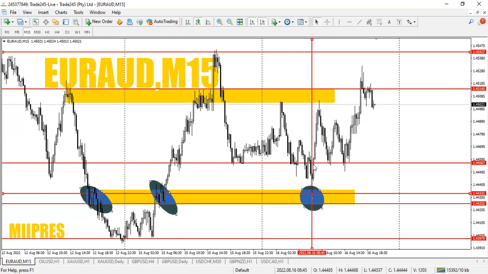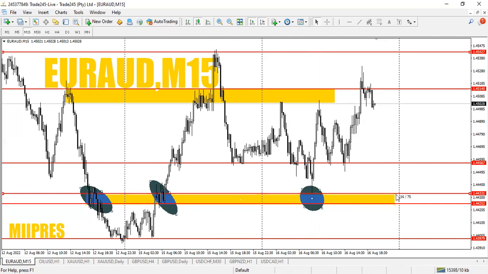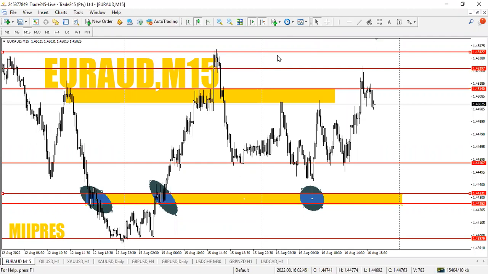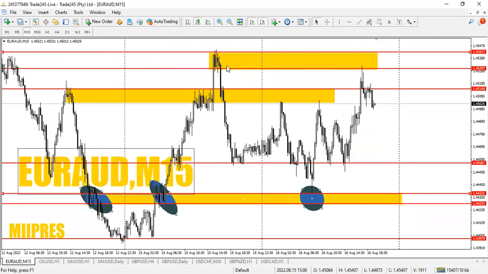This level of demand was around 9 o'clock, so you could have bought it and made some profits over here, close to 90 or 100 pips. And you can see that the market is reacting to that level, like I keep saying, and then obviously expecting a drop.